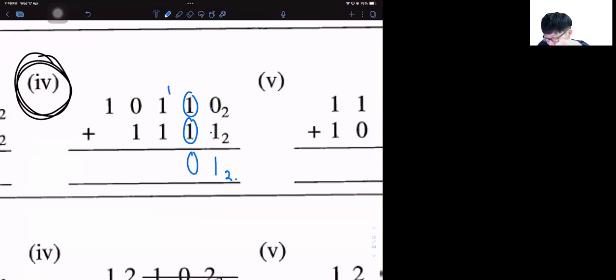Okay, then 1 plus 1, 10. Plus 1 again, 11. So 11. 1 to the front. Do I need to repeat? It's okay. It's very normal you make me repeat. I know you are not used to this. Okay? So 1 plus 0 plus 1, 10. And 1 plus 1, 10. Finish.